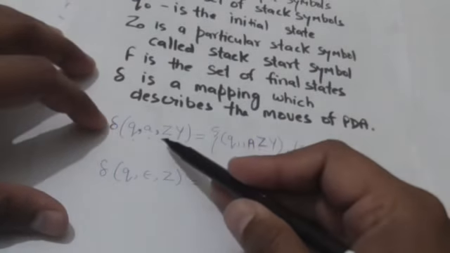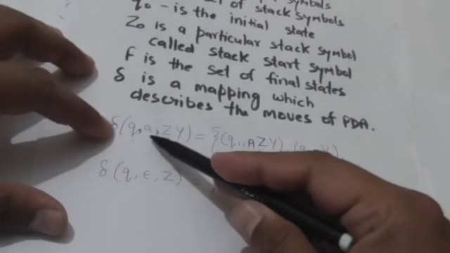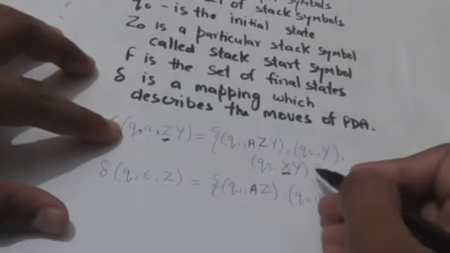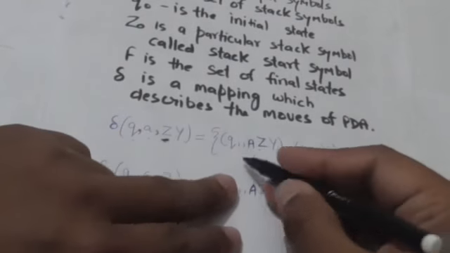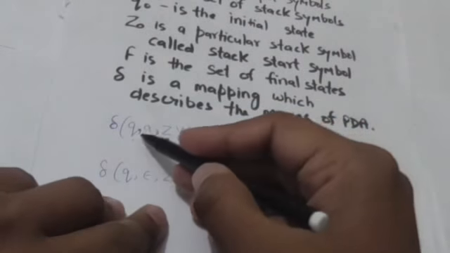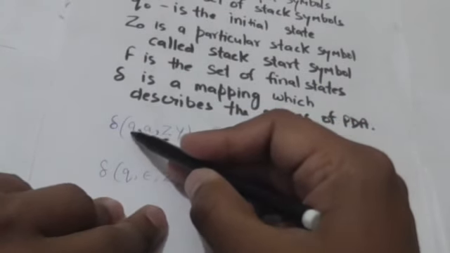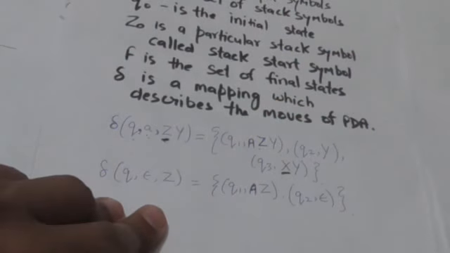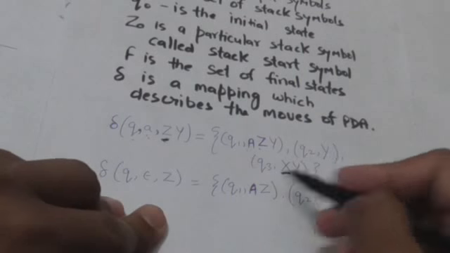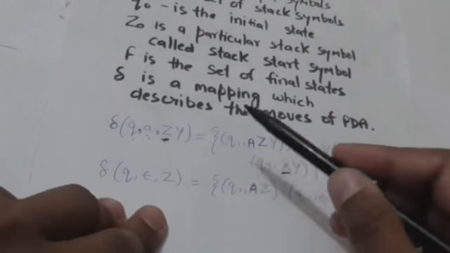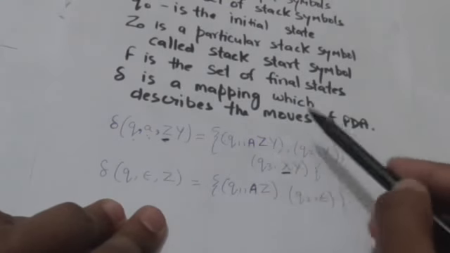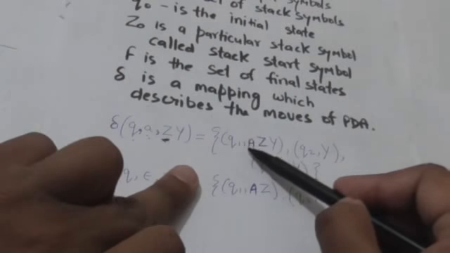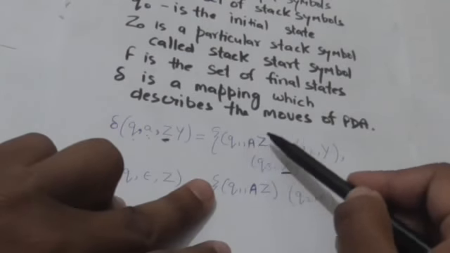Now see, the output of this function delta is a set having 3 elements. It means for this particular situation, when the machine is in state Q and it reads input symbol A and Z is at the top of the stack, it has 3 choices, right? It can either move to state Q1 or Q2 or Q3. When it is in Q1, it pushes an element A to the stack.